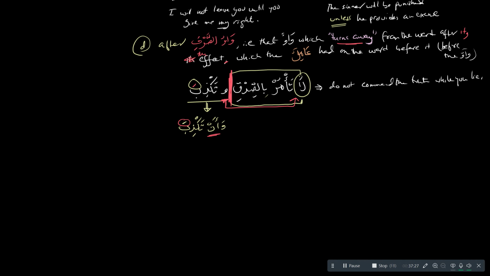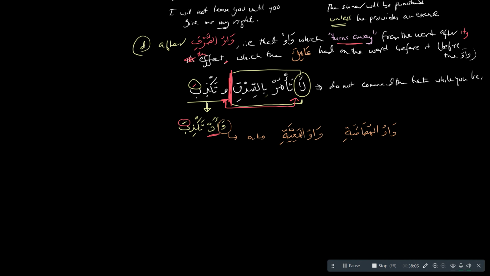This waw is also known as waw al-ma'iyya, or waw al-musahaba, from sahaba.